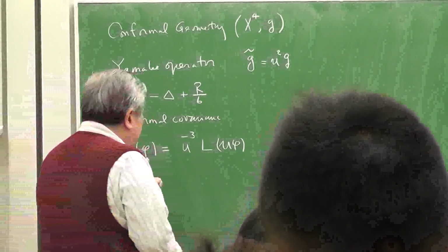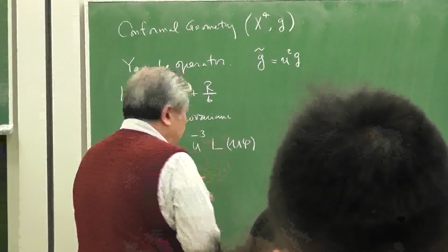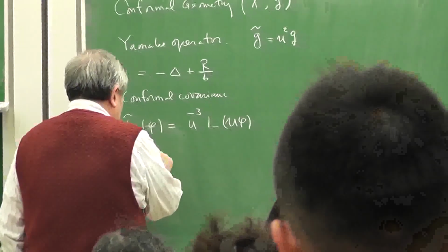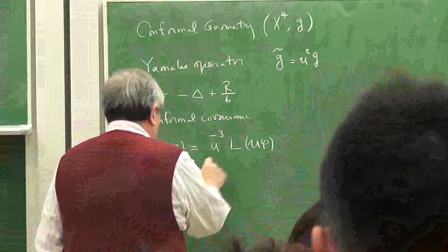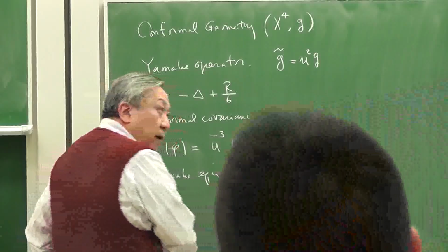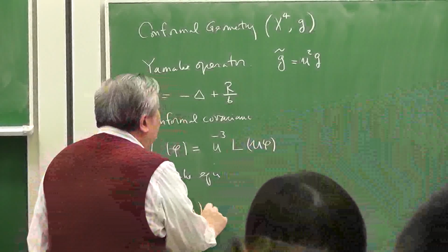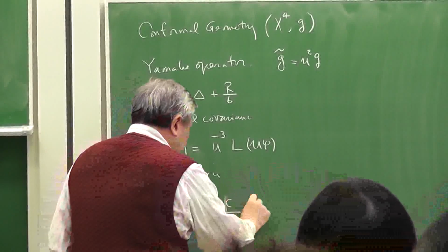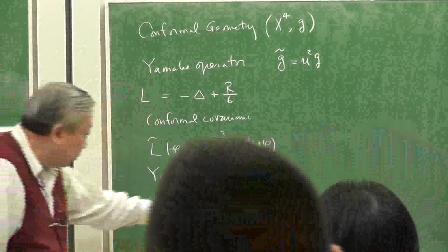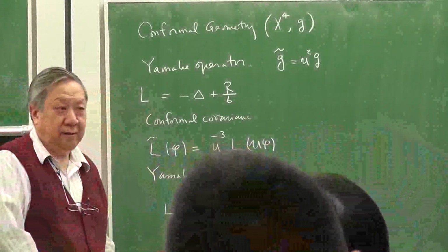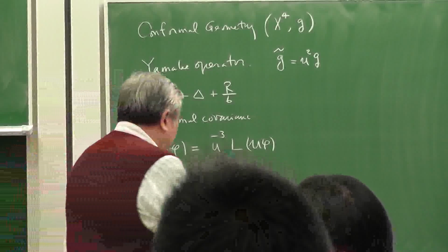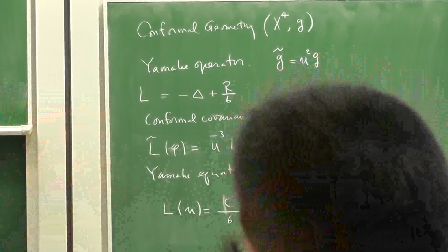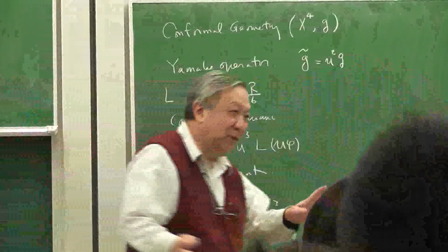So now if you apply this to the function 1, you get the scalar curvature. So you get the Yamabe curvature. That is, we're looking for a positive function U so that LU is equal to constant over 6. So the new scalar curvature is a constant. It's the Yamabe problem. So this is the semi-linear elliptic equation that's best studied, and many people in this room know it.